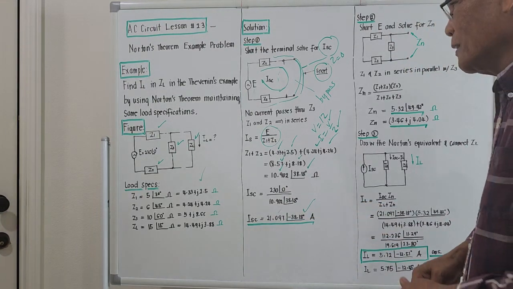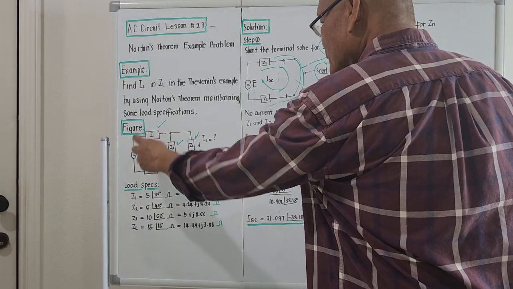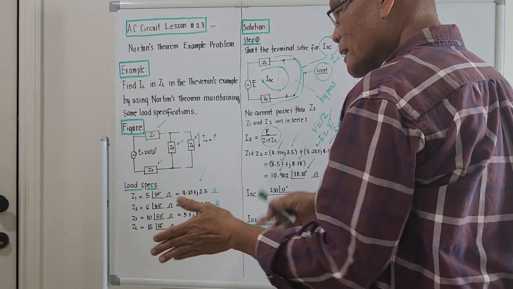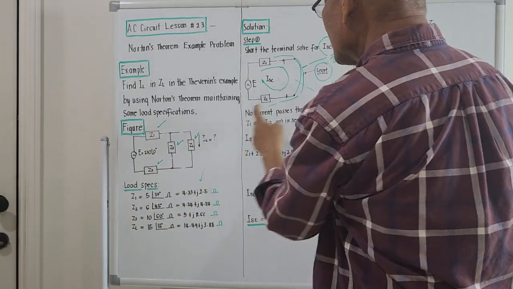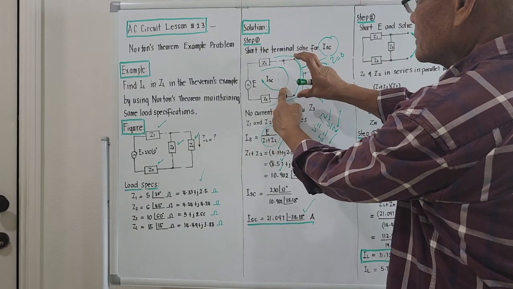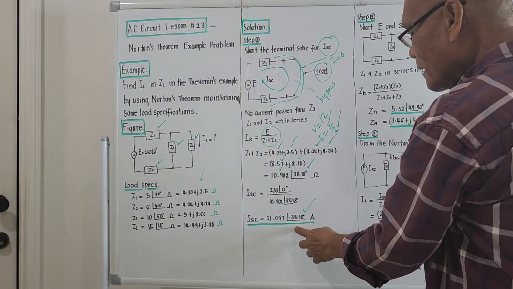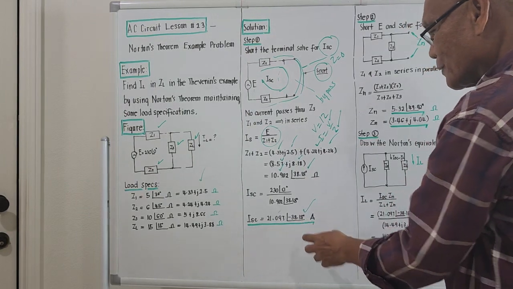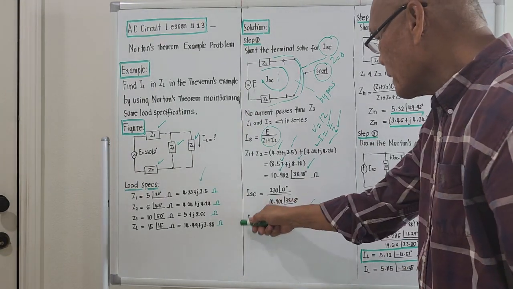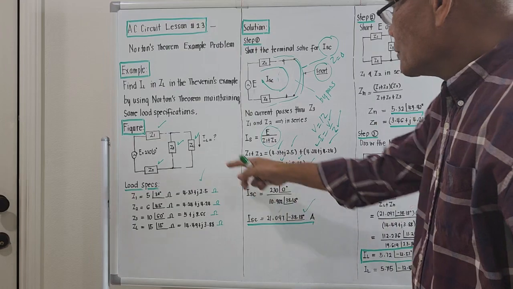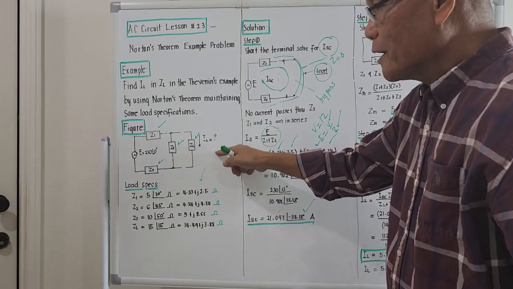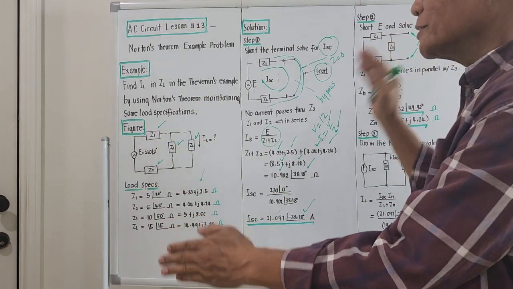It is supposed to be, because C1 is inductive and C2 is inductive. The current consumed by this, which is the short circuit current after the shorting, is 21.097 angle negative 38.18 degrees amperes. We need this in the computation of the current passing through IL later, on the third step.